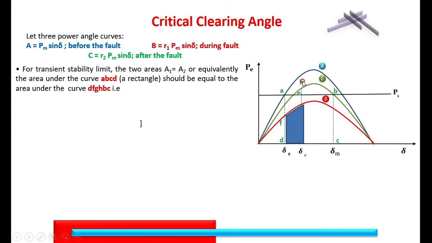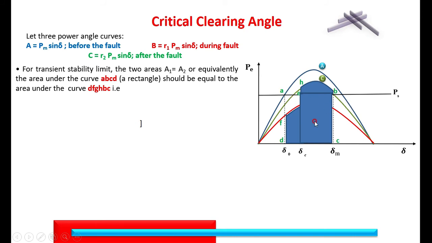Then from Z it is shifting to H, then H to B, and it is C. That is the area D F G H B C, the area under this curve here.